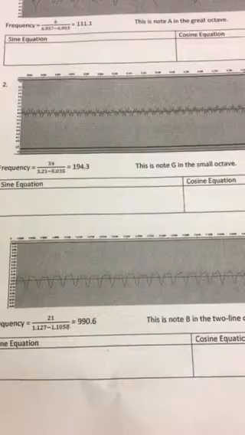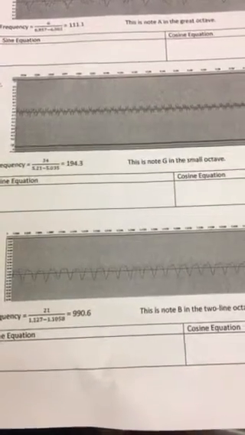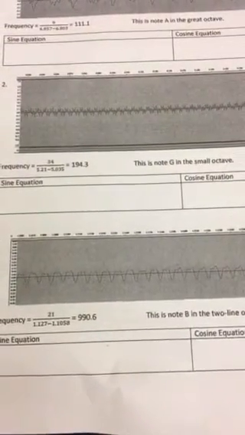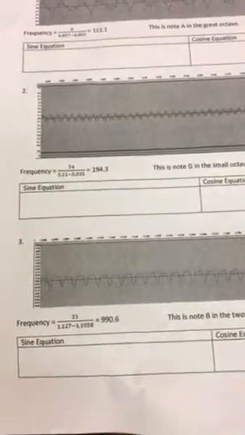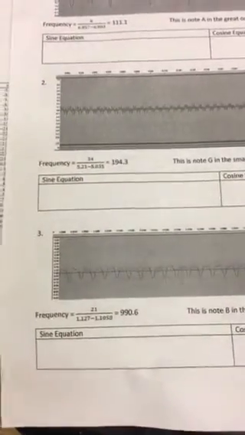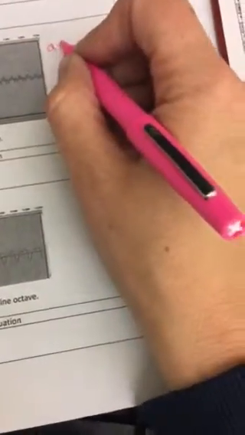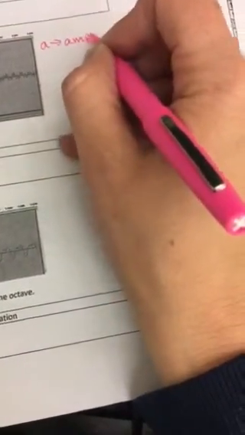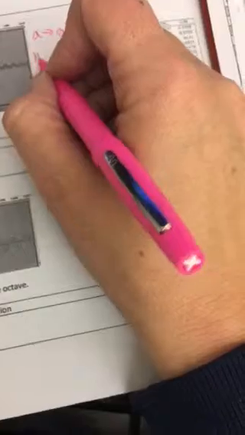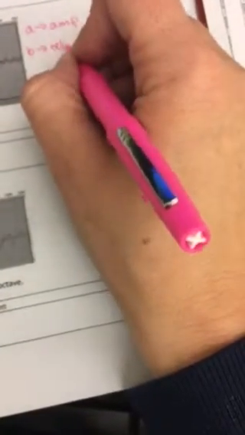So first of all, if you are writing a sine equation or a cosine equation, the things that we saw were the same, the A and the B. Remember, the A specifically can be found with the amplitude. The B is related to the period, but it's not the exact value of the period.